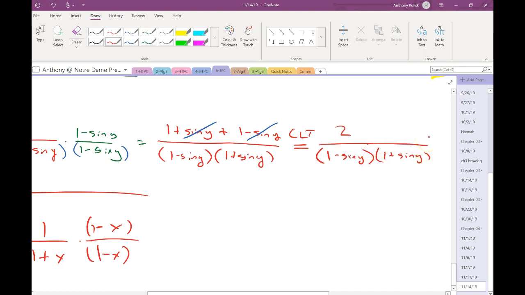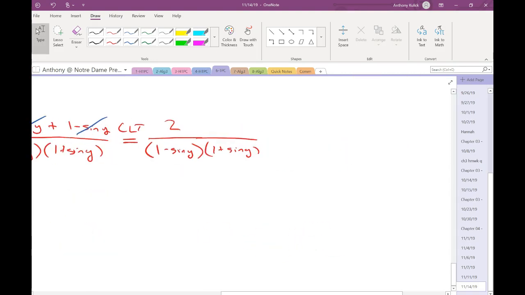Okay. And then do we see any trig identity to use yet? We haven't used the trig identity yet. What should we do then? Let's multiply the denominator out, because maybe at that point a trig identity will present itself to us.